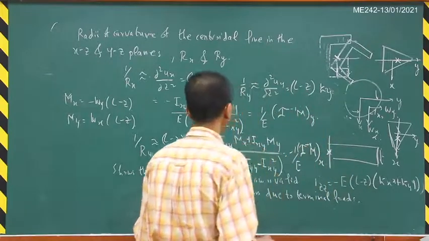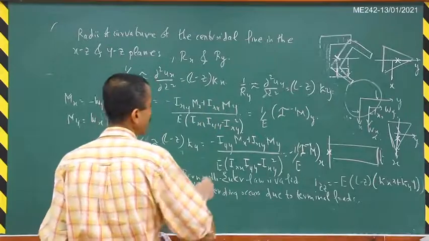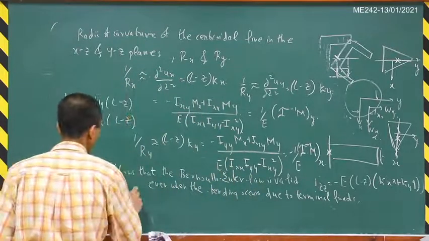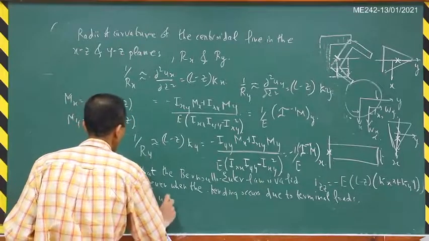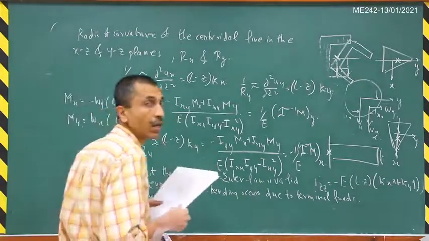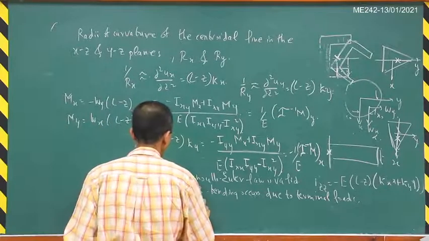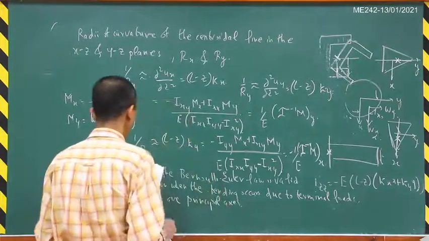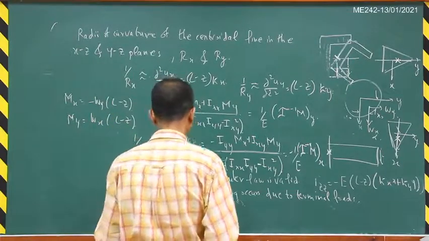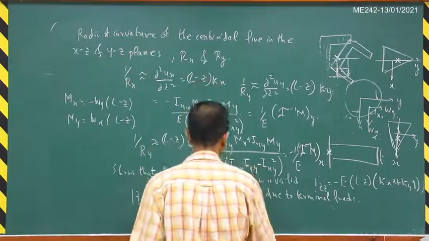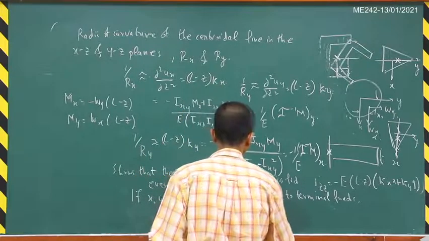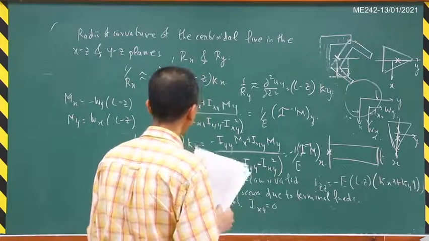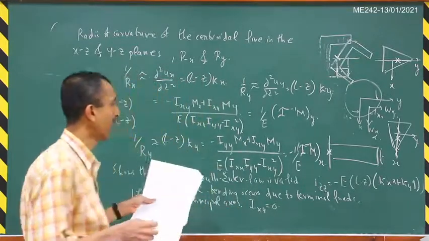Now suppose you take x, y as the principal axes. Then in that case you will see that Ixy is equal to 0, and they will reduce to whatever expression that we had earlier.